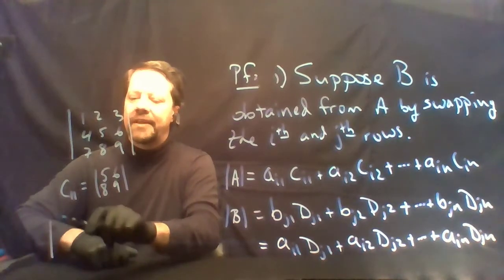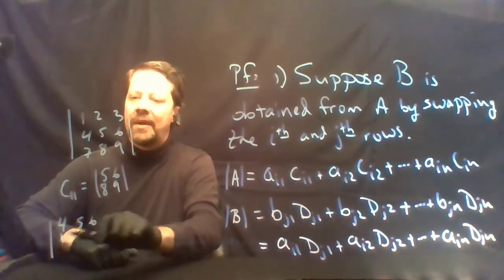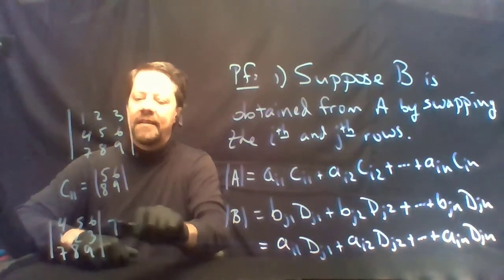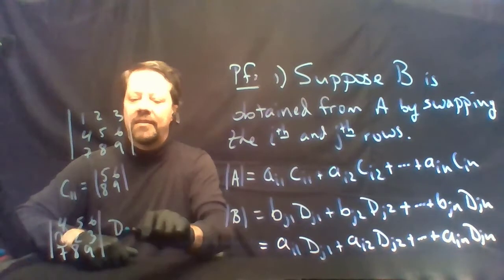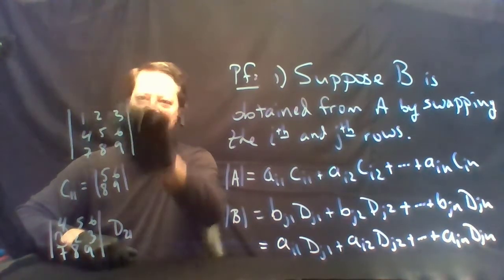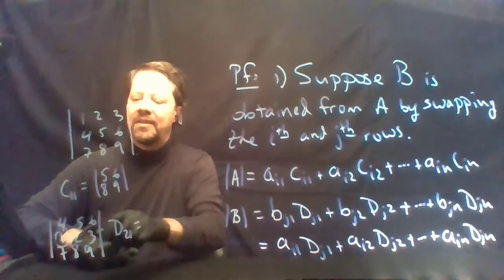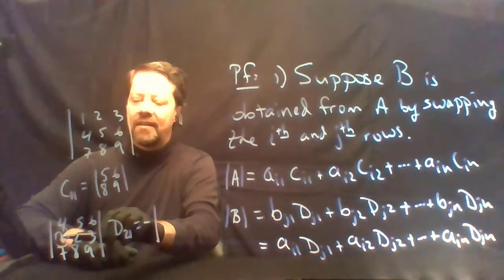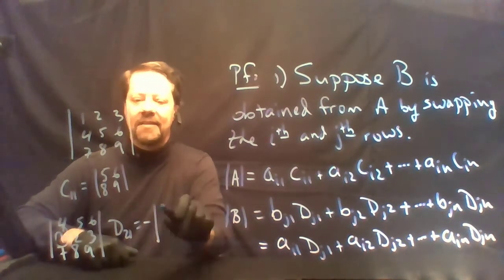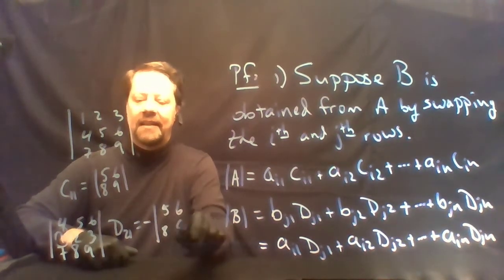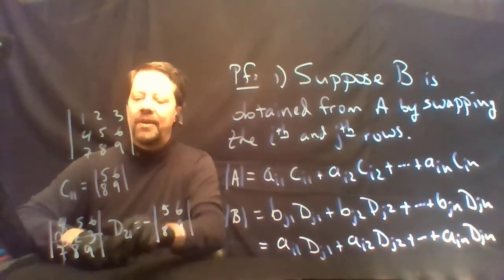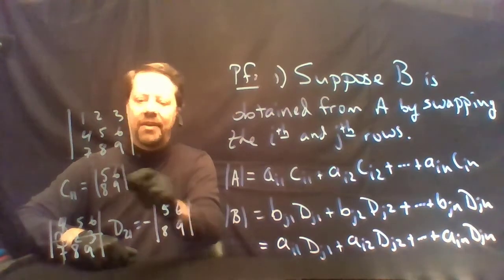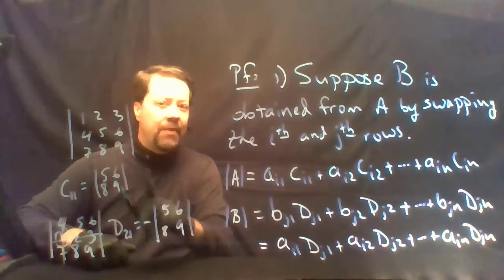If we look at the matrix 4, 5, 6, 1, 2, 3, 7, 8, 9, then D21, we're switching the first and second rows, will be a minus because we're in a minus position in our checkerboard pattern of pluses and minuses. 5, 6, 8, 9 by crossing out the column and row.